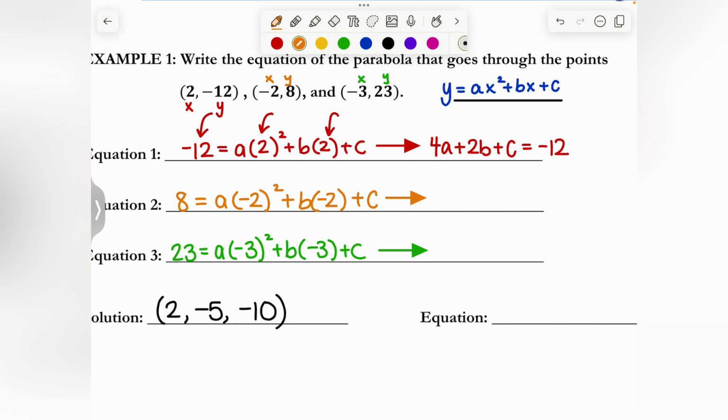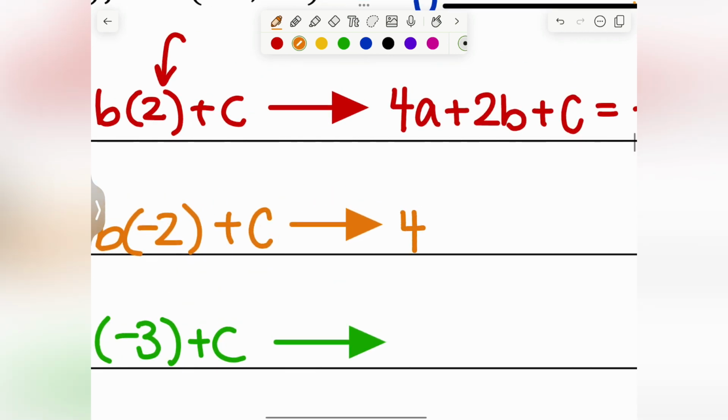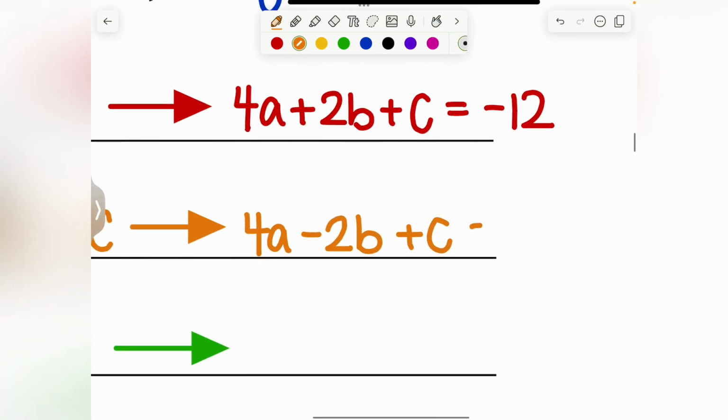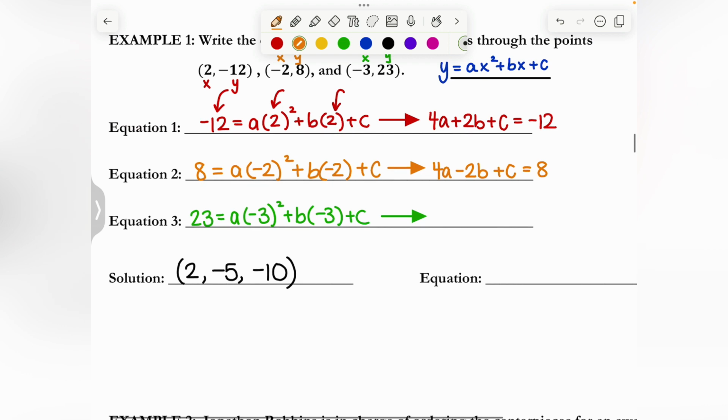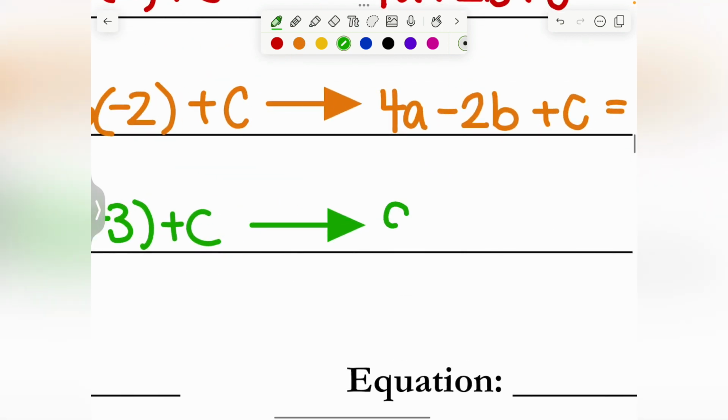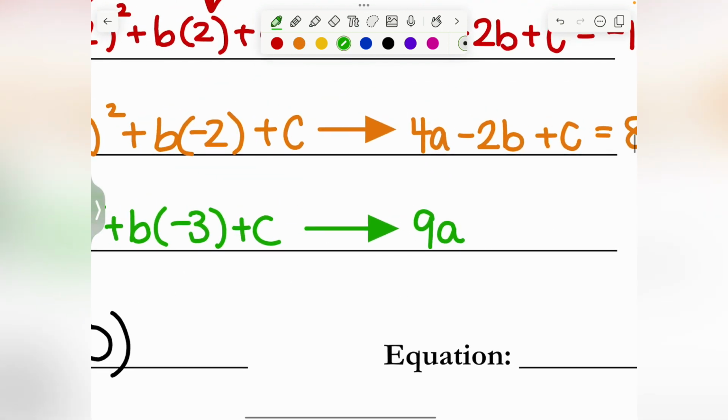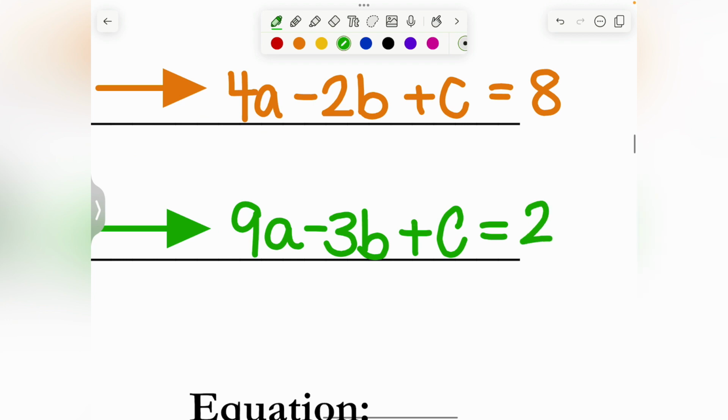In the orange one, -2 squared is still positive 4a, but this time it's -2b plus c equals 8. And finally in the green, -3 squared is positive 9a minus 3b plus c equals 23.